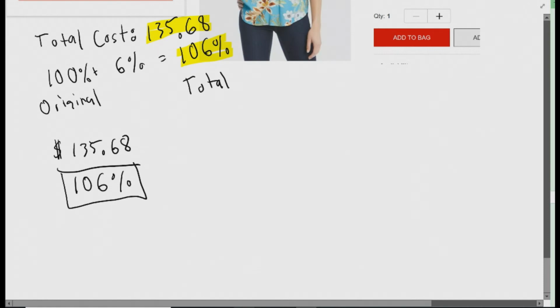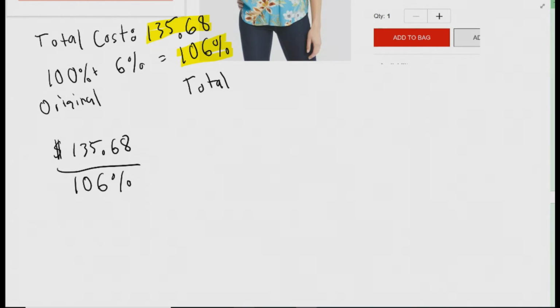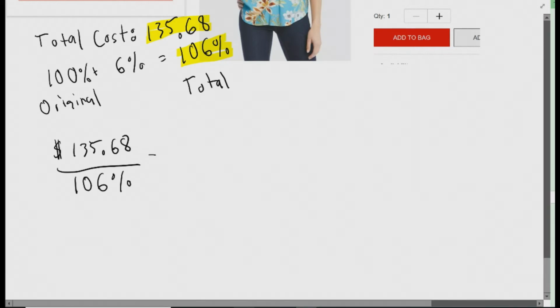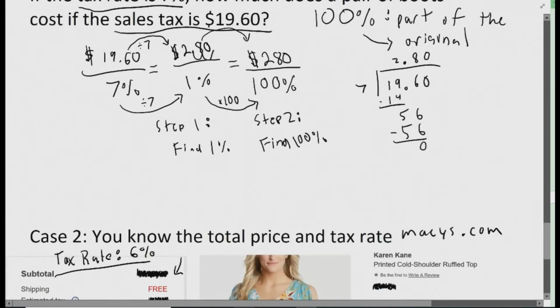The hardest step is really just figuring out what is the total percent, what is being compared here. So whenever you're starting a problem, you might be asking yourself, is this a total cost question, or is this an I-know-the-tax question? Now, same thing as in the last case: our first step would be to find 1%.